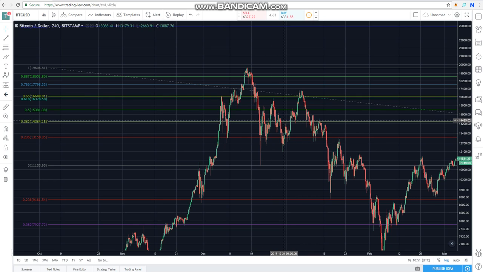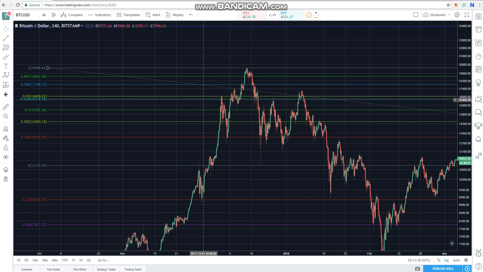It traded between the 0.382 and the 0.236, but eventually it bounced right off and then went on to the golden pocket. The golden pocket is the 0.65 and the 0.618. So in between these two Fibonacci regions, the 0.618 is the golden ratio. You can go on Google and see why this is the golden ratio.